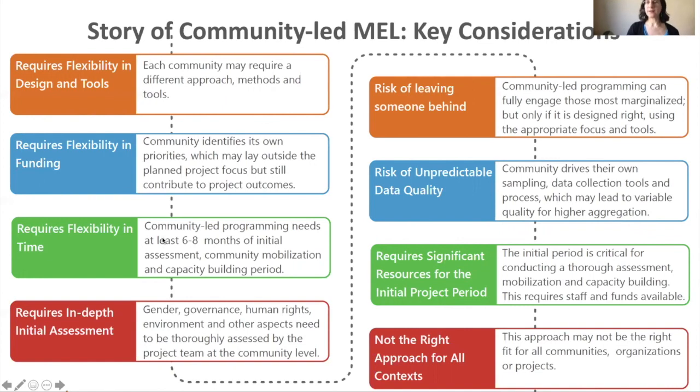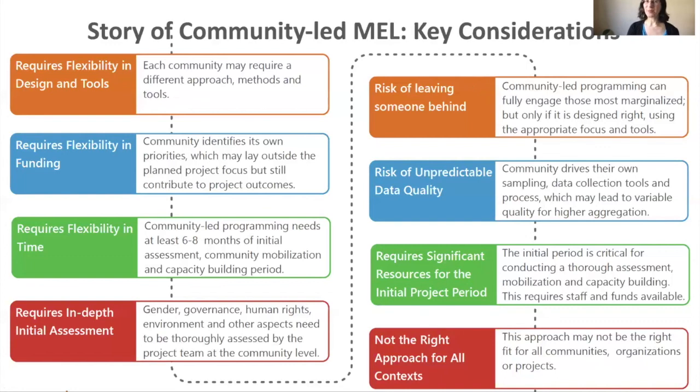It also requires some flexibility in time because you need at least 6 to 8 months at the outset to do an in-depth assessment by the project team at the community level of aspects like gender, governance, human rights, environment. And also you need time to mobilize the community and build their capacity to engage in this way. There is a risk of leaving someone behind.